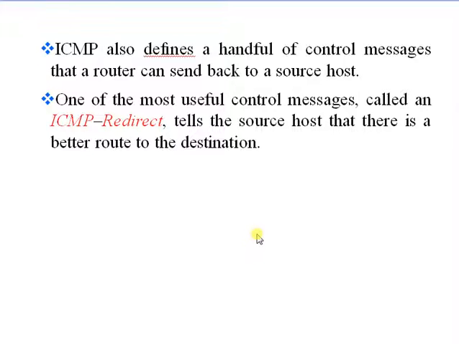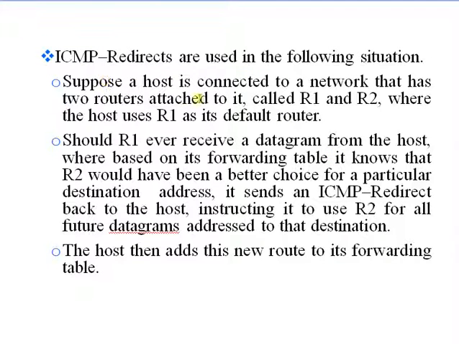Now, ICMP also defines a handful of control messages that a router can send back to a host. One of the most useful control messages is called ICMP redirect, which tells the source that there is a better route to a destination. ICMP redirect is used in the following situation. Suppose a host is connected to a network that has two routers attached to it, R1 and R2, where the host uses R1 as its default router.